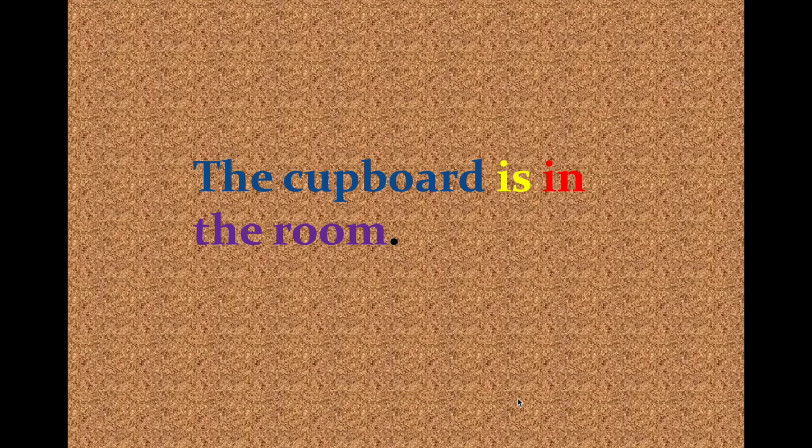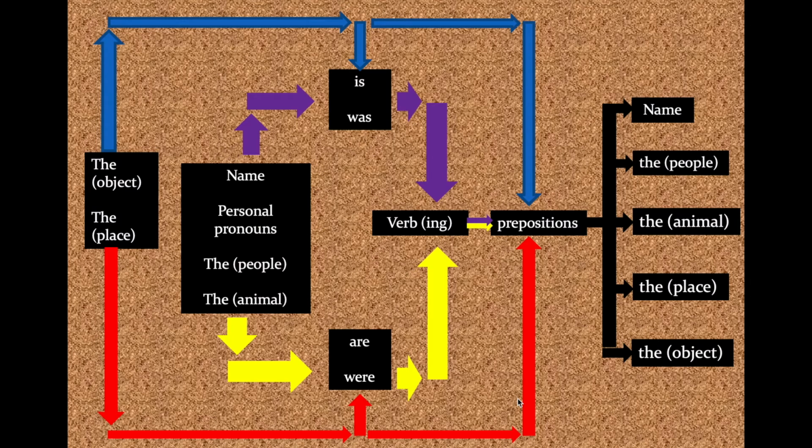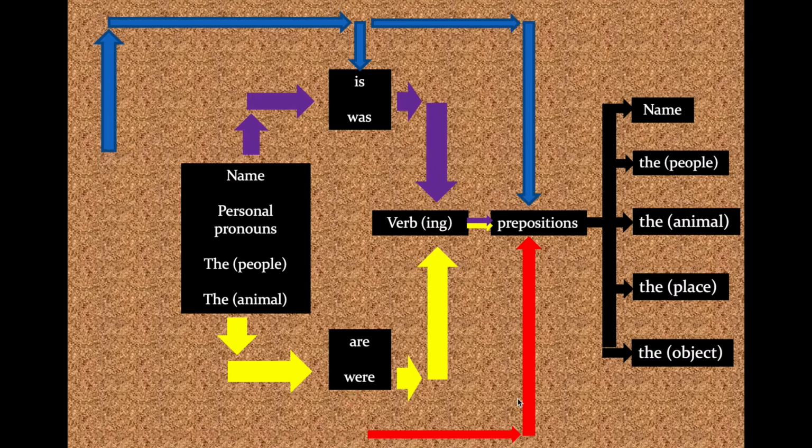Next, we take a look at the red arrows. The red arrows represent the plural subject to form a present tense sentence or past tense sentence. Once again, to begin a sentence, we start with the article "the" and followed by a name of an object or a name of a place.